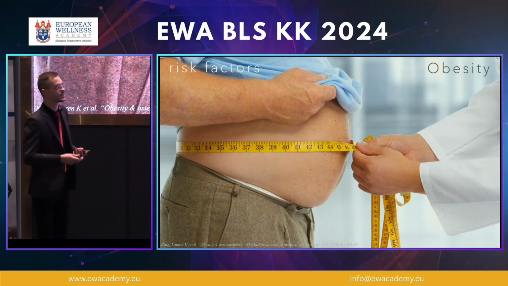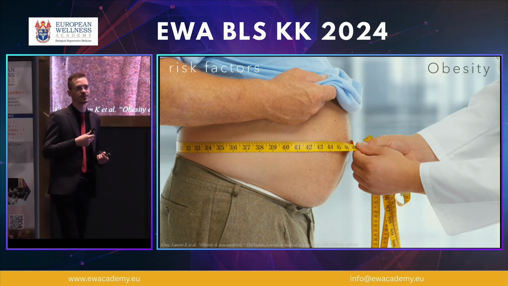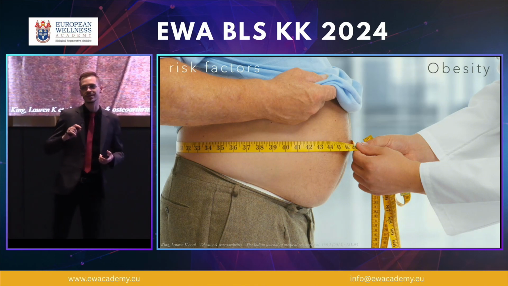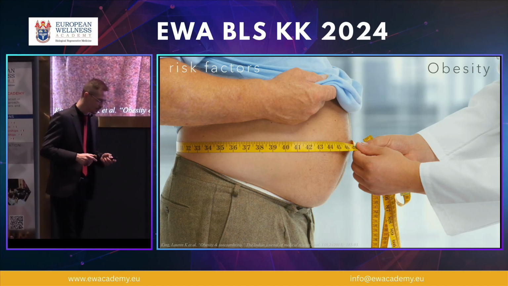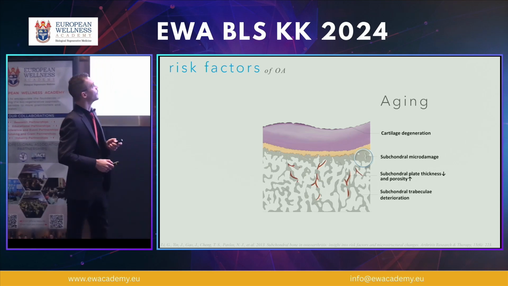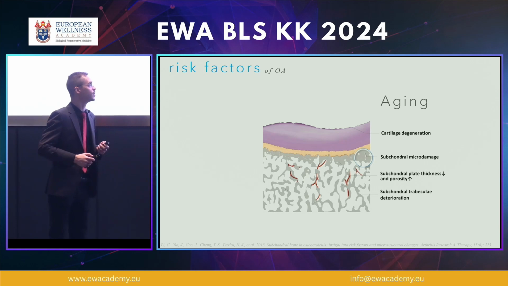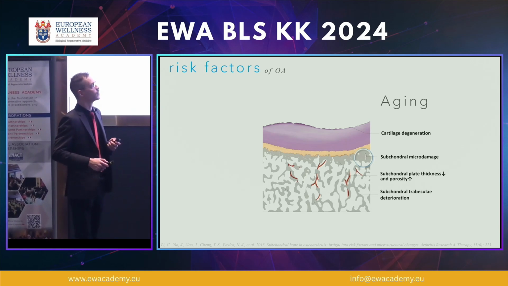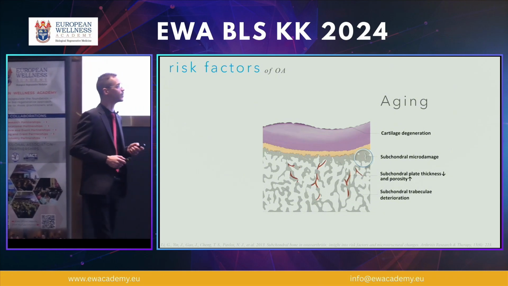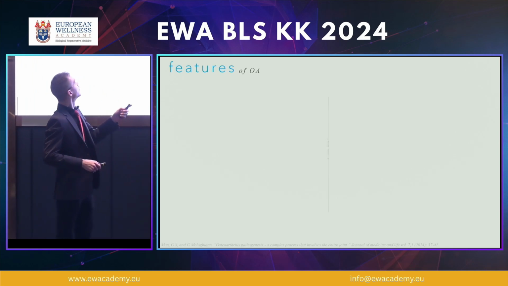Then in the later stages, as we remember, obesity has all those metabolic disorders and chronic systemic low-grade inflammation. So these inflammatory cytokines also contribute to the destruction of the cartilage tissue. And in our joints, with the aging, we can observe cartilage degeneration as well as subchondral microdamage, subchondral plate thickness getting decreased, porosity gets increased, subchondral trabecular deterioration.